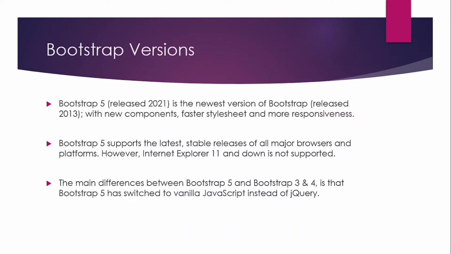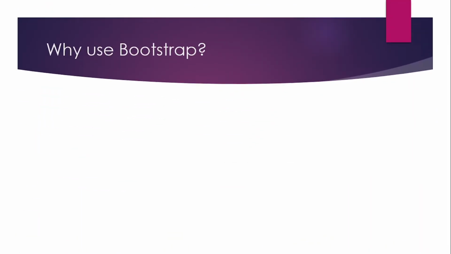So instead of making it dynamic with plain JavaScript, they were using jQuery, which was a JavaScript library which was very famous in the past, and now they have switched to vanilla JavaScript, so you can easily change the plugin stylings or the dynamic effects if you know JavaScript well in Bootstrap 5. So these are the Bootstrap versions. And why should we actually use Bootstrap?